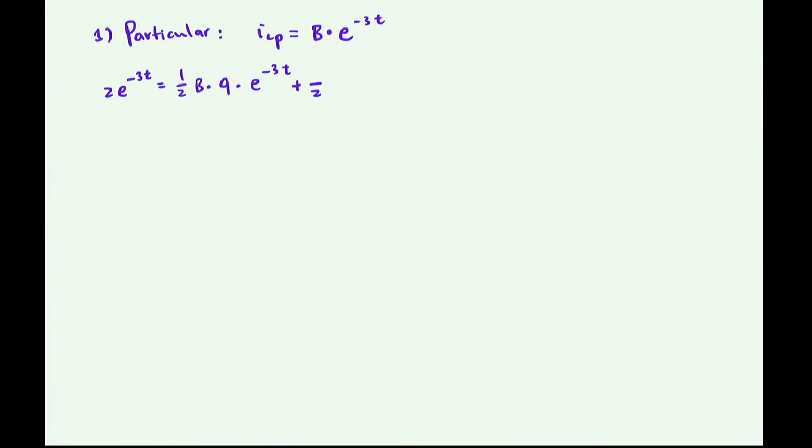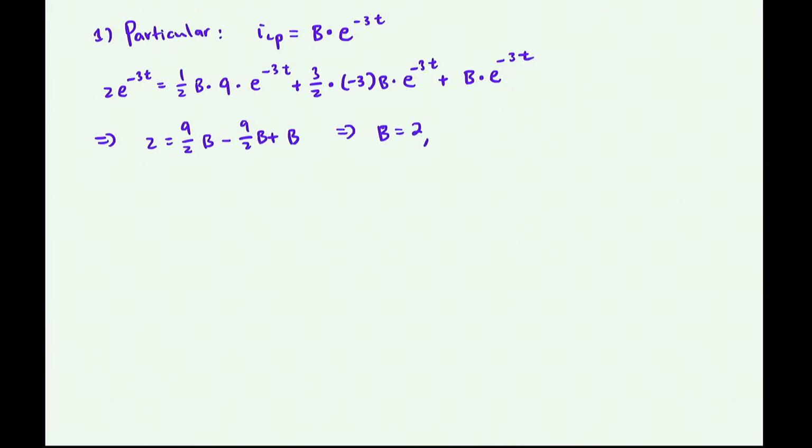The second term is 3 divided by 2 times dIL/dt, so times -3, and then IL. Okay, so B is equal to 2, and we have the particular solution equal to 2 times exponential minus 3t amps.